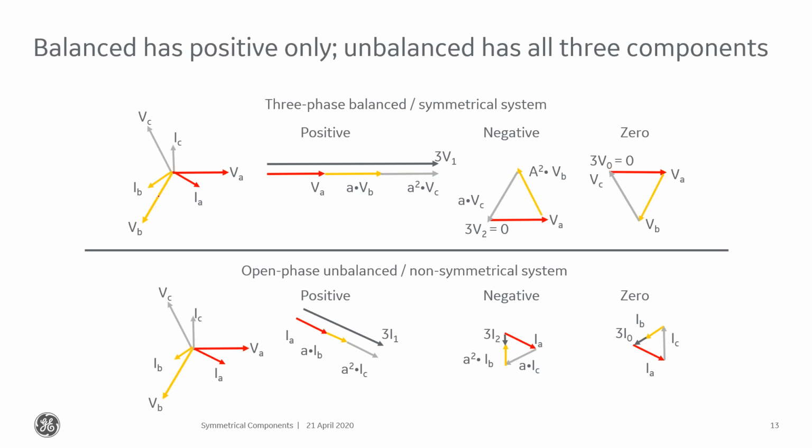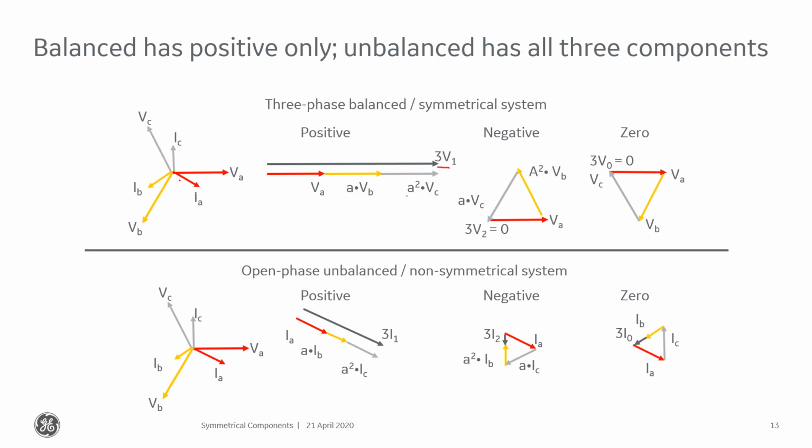I'm going to shift B by 120 degrees, so that puts it in phase with A, and I'm going to shift C by 240 degrees, so that puts it in phase with A. If it's balanced like this, that vector sum is 3V1, but V1 is 1/3 of that. Since this is a balanced system, if I look at my negative and zero, I expect those to be zero also, but let's take a look at it.